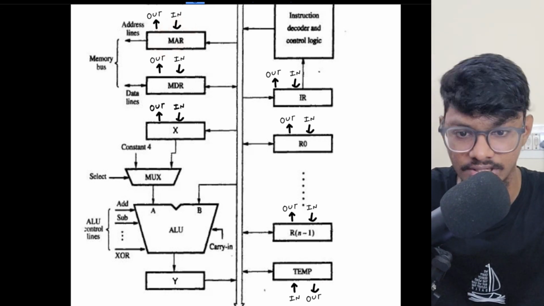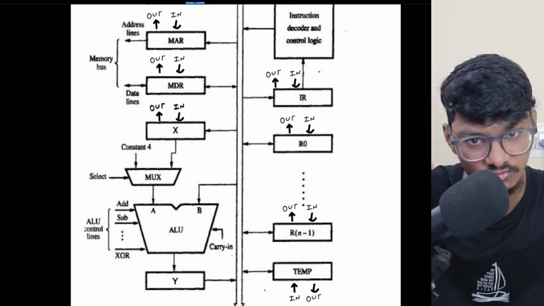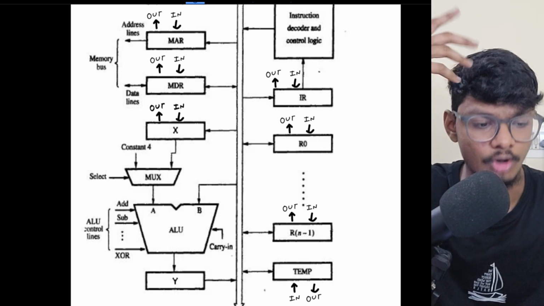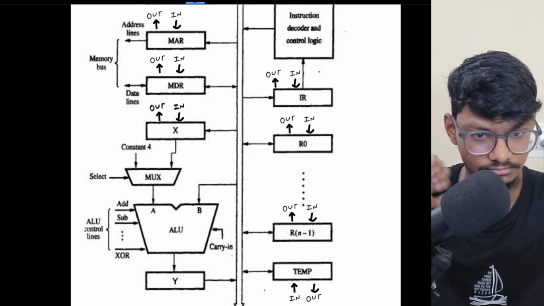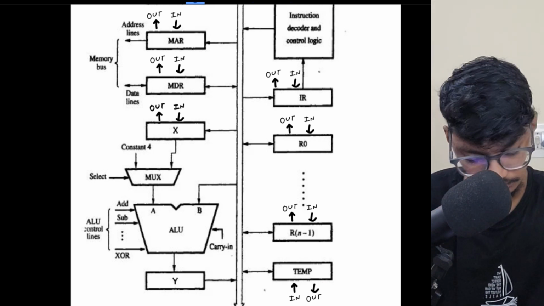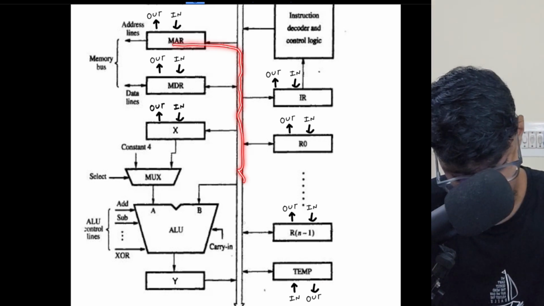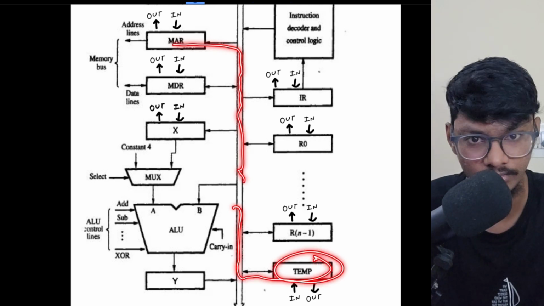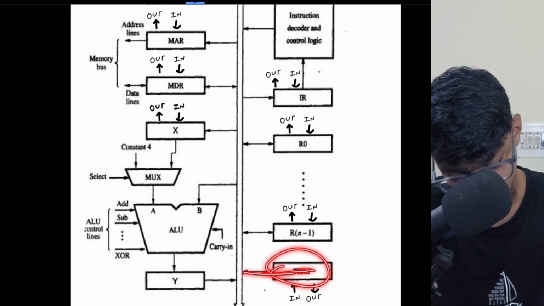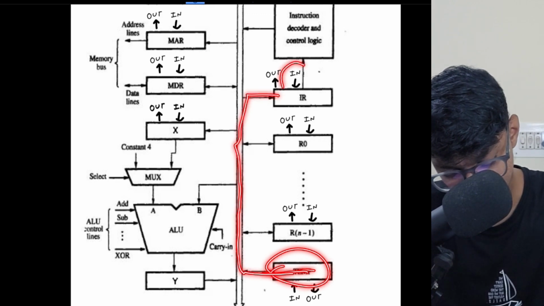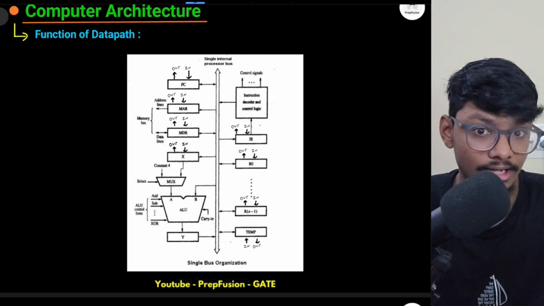Whatever the output of MAR is, it is already known to me that it is an address. It can be the address of an operand, or it can be the address of an instruction. So I will go to that address somewhere in the memory. Somewhere in the memory there will be some instruction, and that instruction will be fetched and copied to IR, as IR has its in signal on. So now it is done.